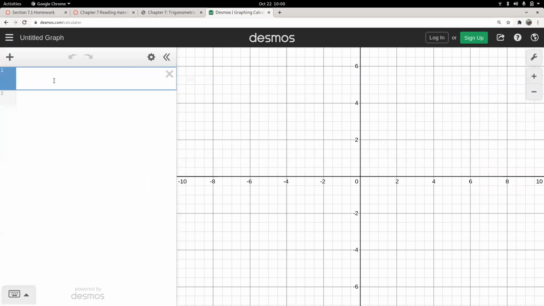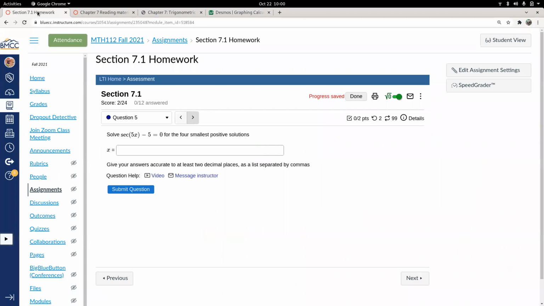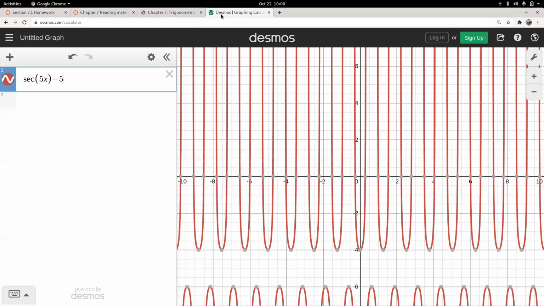So let's take a look at that. Secant of 5x minus 5. Whoa, lots of solutions there.